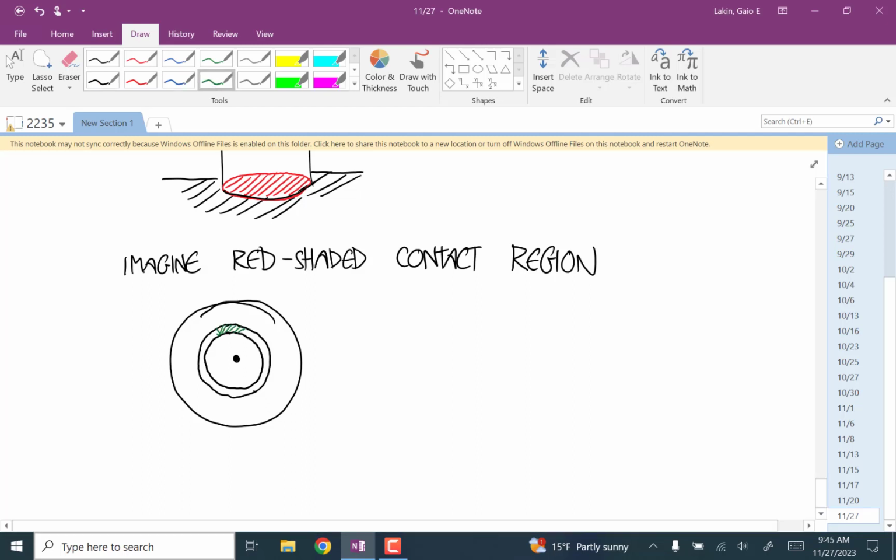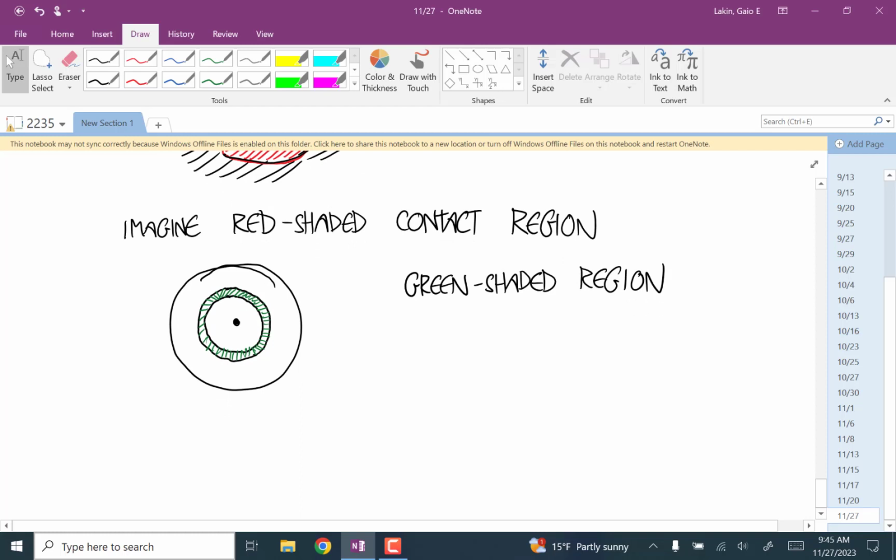I'll do that in green. So this green shaded region has an area of, so what's the area of that?